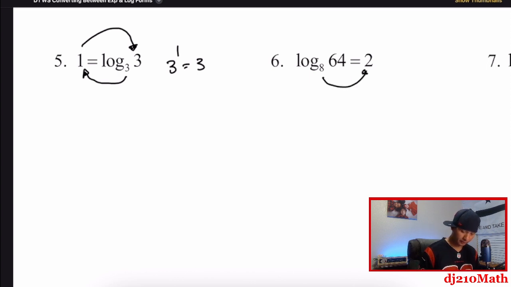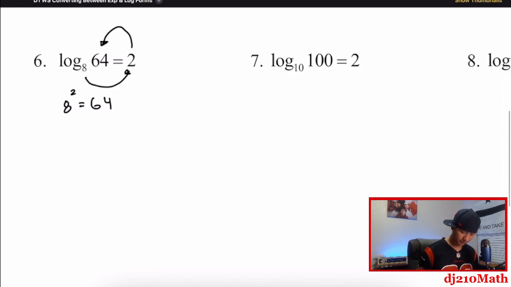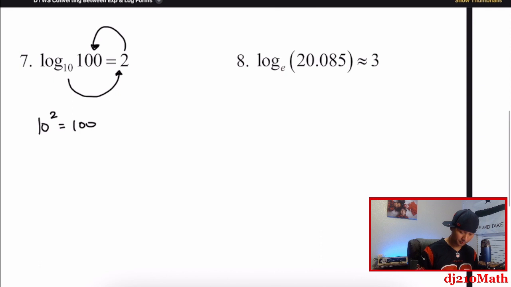8 raised to 2 equals 64. 8 squared is equal to 64. 10 raised to 2 equals 100. e raised to 3, e cubed is approximately this.